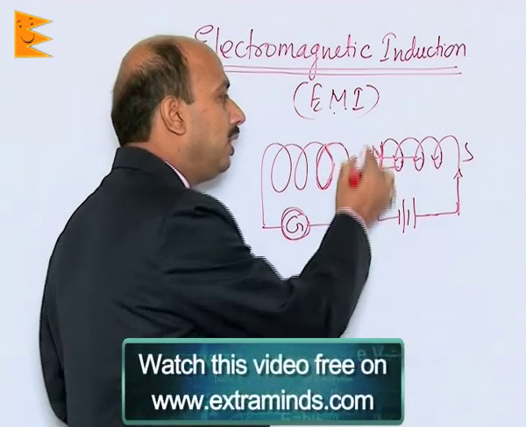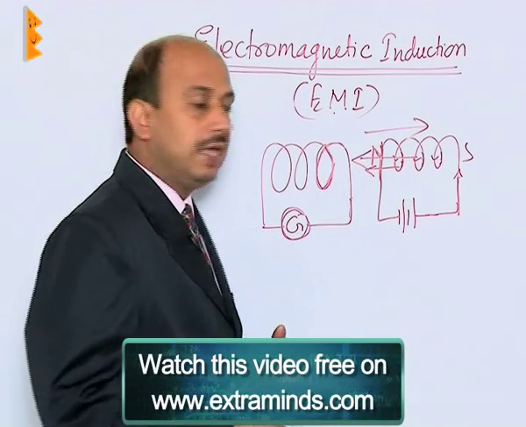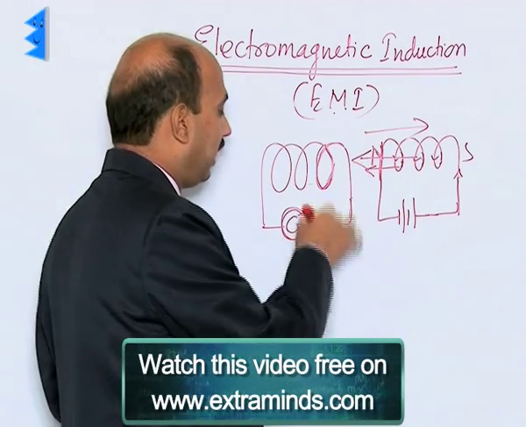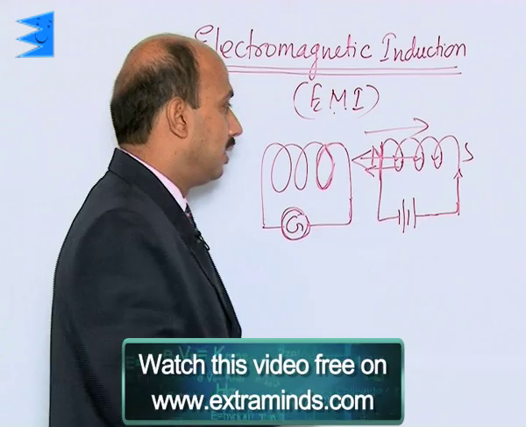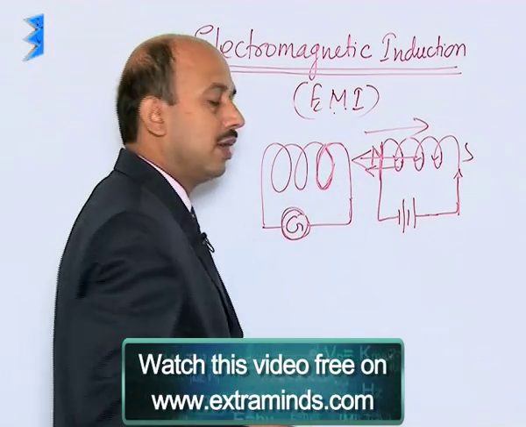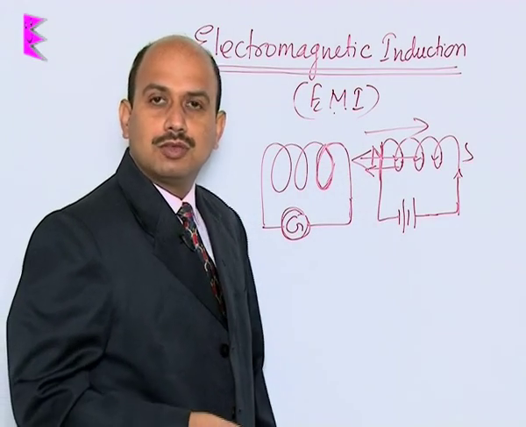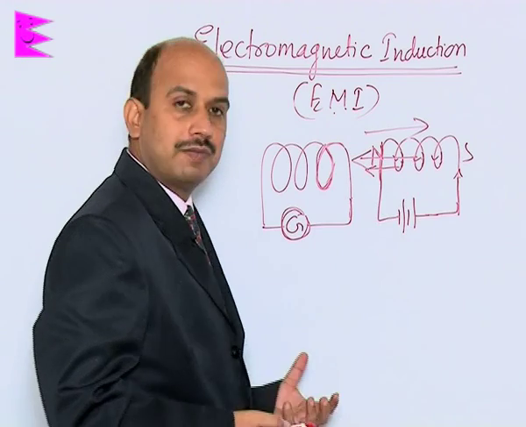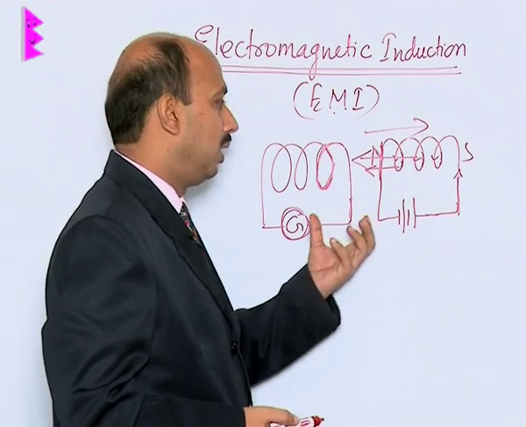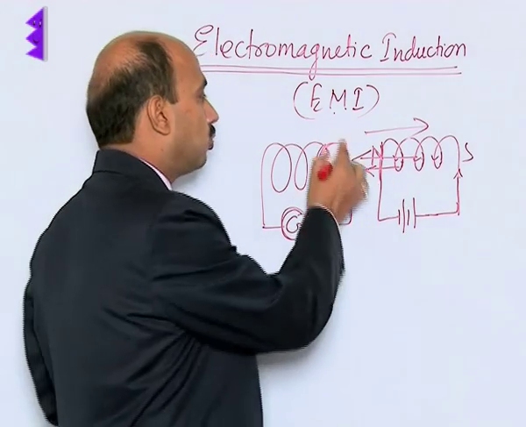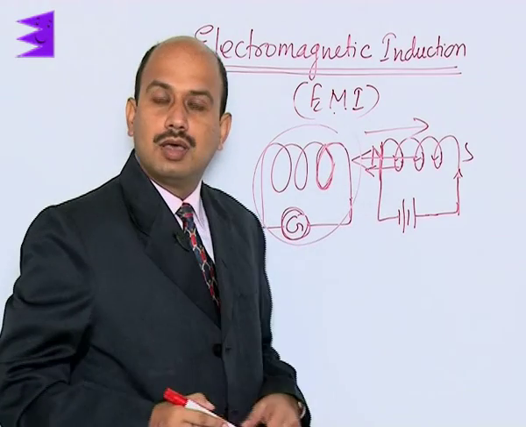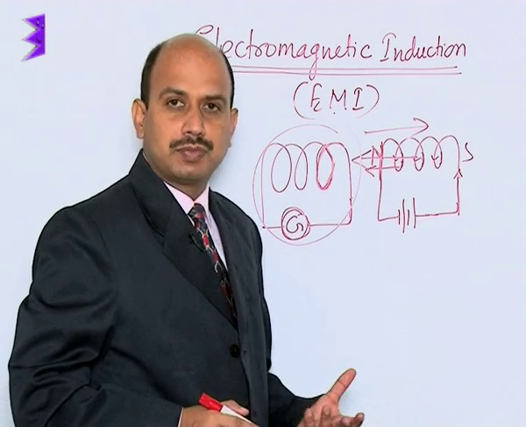And now, if you take it away, this face will become south and the direction of the current changes, so the direction in this first loop will be clockwise. So, here also we get an EMF, because when we move the coil, the magnetic flux linked with this coil changes.